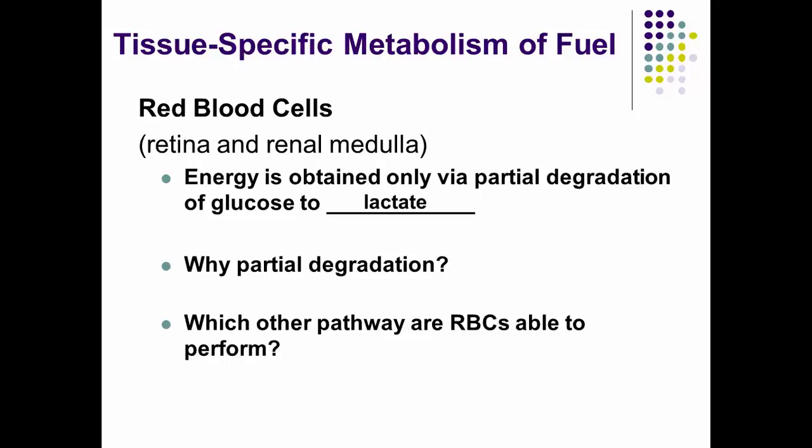It only utilizes glucose for energy, and the second thing is it partially oxidizes glucose to produce lactate, right? It's not able to completely oxidize glucose. So these are the two main characteristics of energy metabolism in the red blood cells because it lacks mitochondria, right?